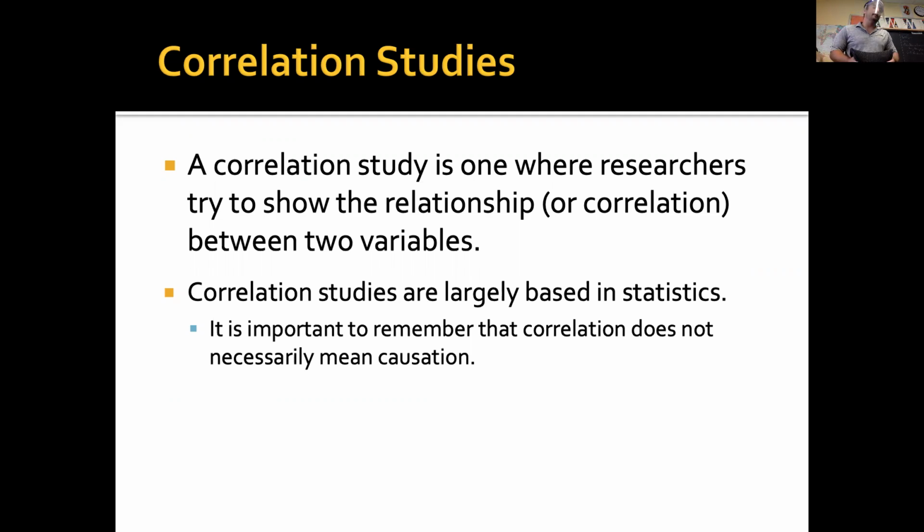Maybe there's a positive correlation between time spent on social media and your knowledge of politics. Maybe there's a positive, maybe a negative, maybe no correlation whatsoever. So again, you're seeing the relationship between two variables. We'll talk about positive and negative forms, how they look on a graph, and how you can tell the difference.